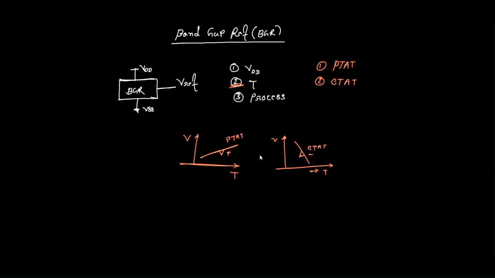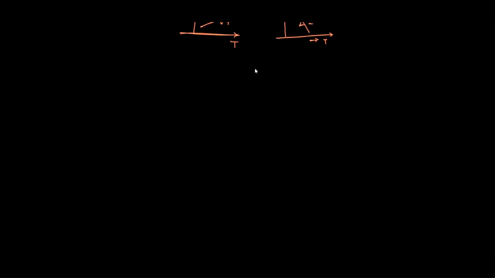So if we have these two kinds of voltage and we add them together, this one is PTAT, on the other hand this one is CTAT, if we add together then we can get our Vref.